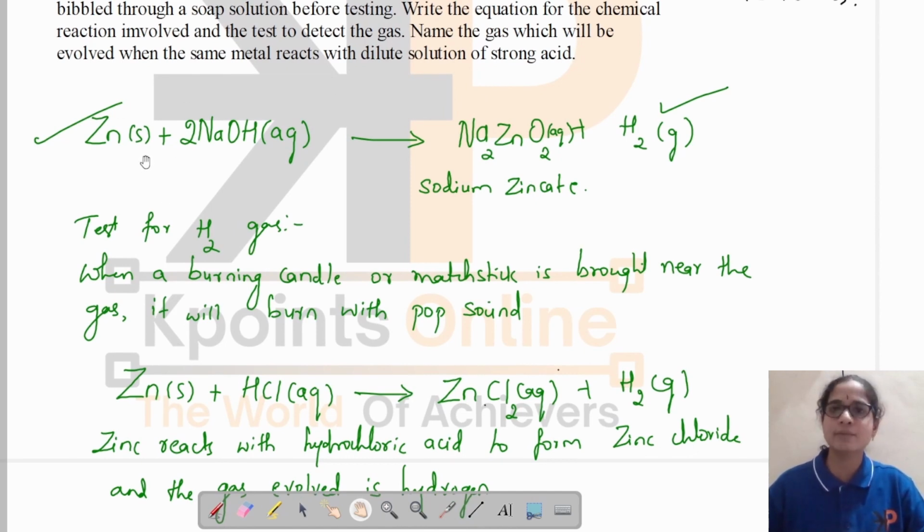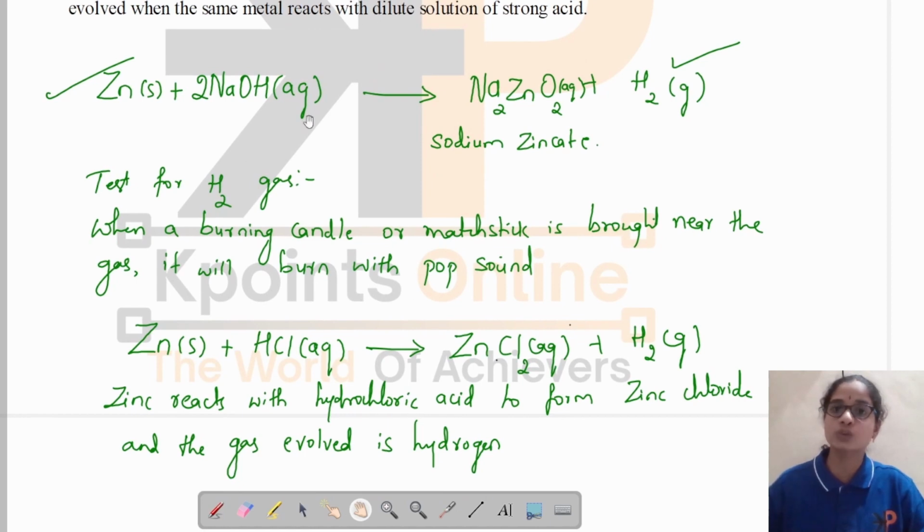You have to take the same metal which is mentioned in the question with the dilute solution of strong acid. Strong acid means you can write hydrochloric acid. So it will form again the salt and hydrogen gas. And at last you should mention the gas that is being liberated. That is here hydrogen gas is liberated. You have to mention it. Okay. Read the question properly and answer each and every part of the question without missing any.